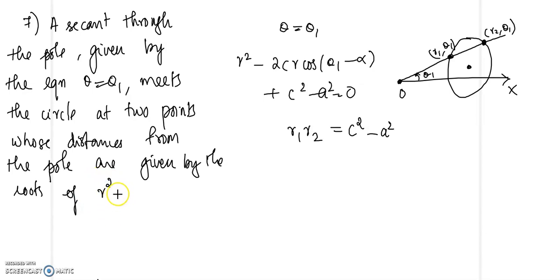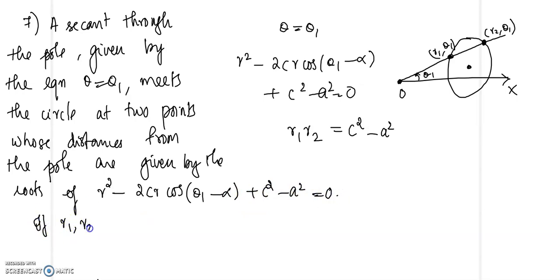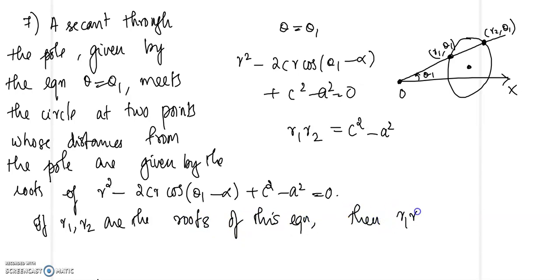So that will be given by the roots of the equation r square minus 2cr cos(theta 1 minus alpha) plus c square minus a square equal to 0. So if r1 and r2 are the roots of this equation, then when you take the product of the roots, r1 r2 will be equal to c square minus a square.